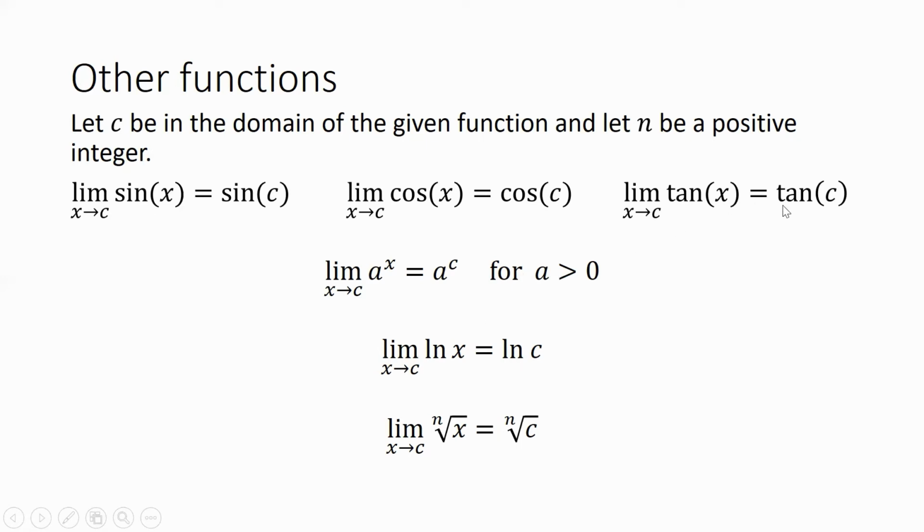The domain of tangent is anywhere that cosine is not zero. You know, the domain here, especially if n is even, we want generally positive numbers in our nth roots. So be very careful that, yes, c still does need to be in the domain. You don't want zeros in the denominator.